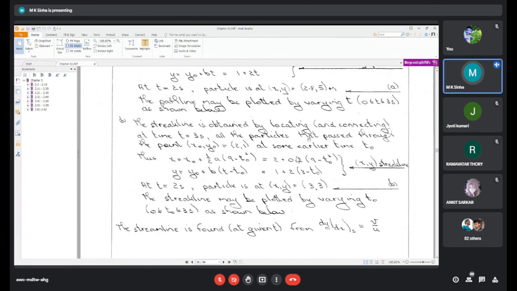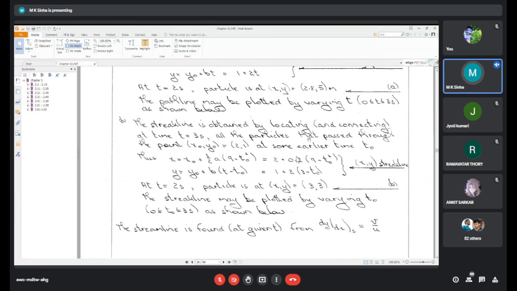So the streak line is obtained by locating and connecting, at time interval of 3 seconds, all particles that pass through the point x naught, y naught, initial 2, 1, at some earlier time t0. So x equals 2 plus 0.2 times (3 minus t0) squared, and y equals 1 plus 2 into (3 minus t naught).